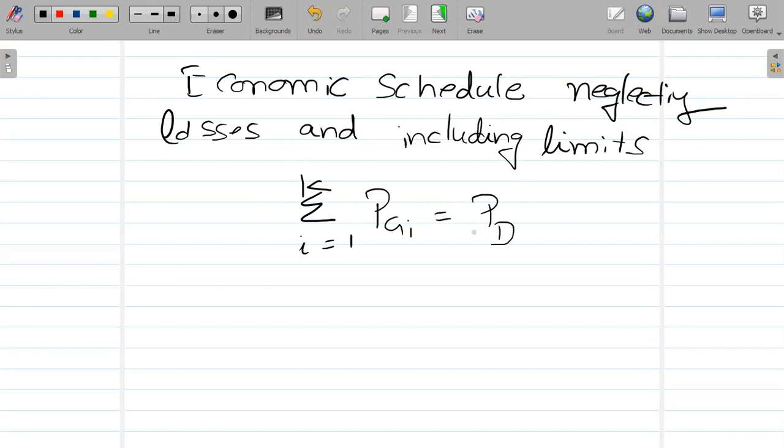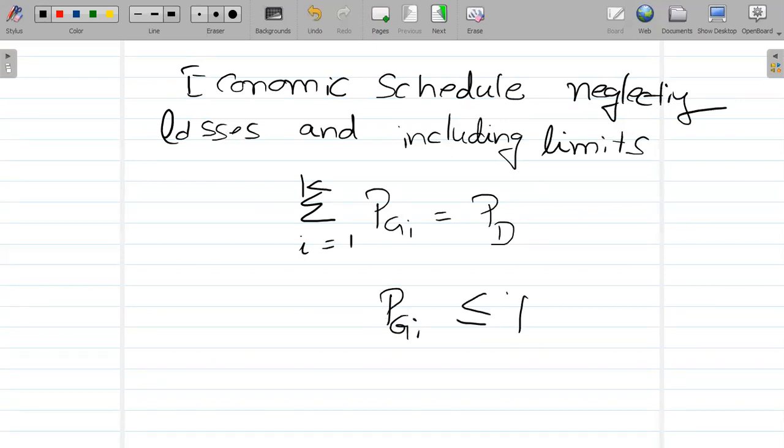Because here we are neglecting losses, the power balance equation is generation equal to demand. And the inequality constraint is that we are considering the limits. So what are the limits for the power output?